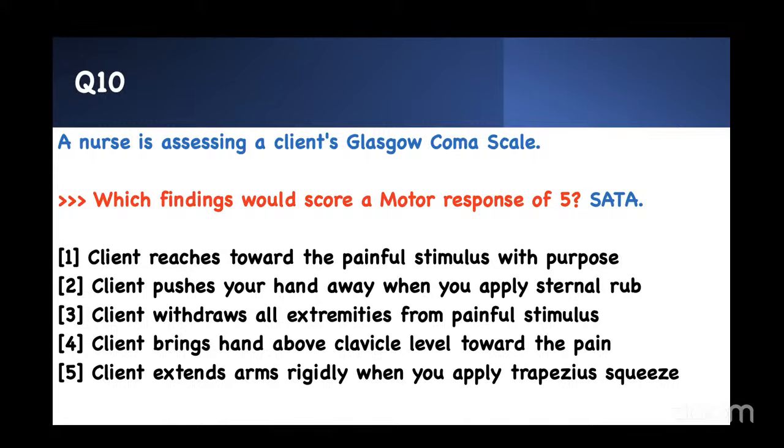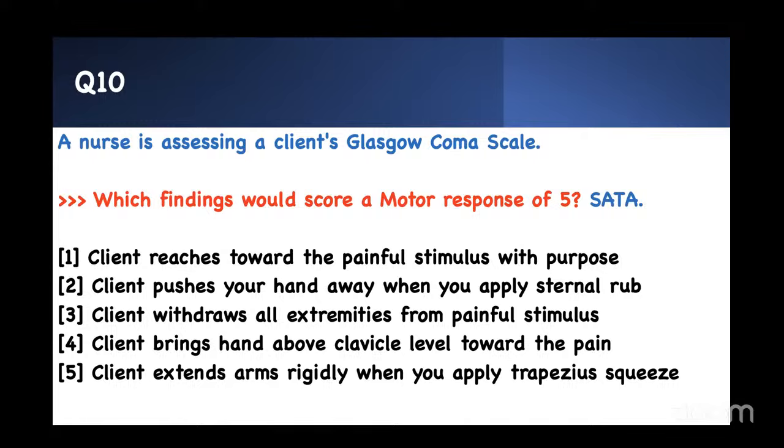What do you think? 1, the client reaches towards the painful stimuli with purpose. 2, the client pushes your hand away when you apply a sternal rub. 3, the client withdraws all extremities from painful stimuli. 4, the client brings a hand above the clavicle level towards the pain. 5, the client extends arms readily when you apply a trapezius squeeze.